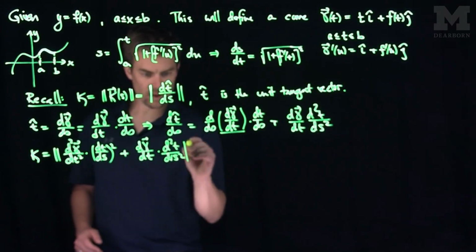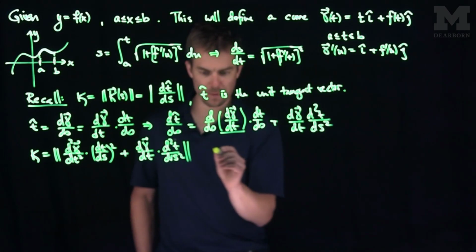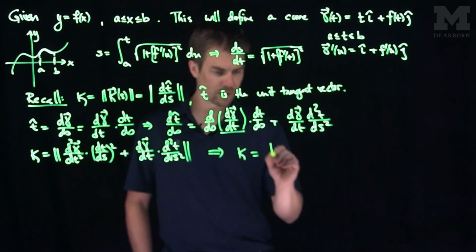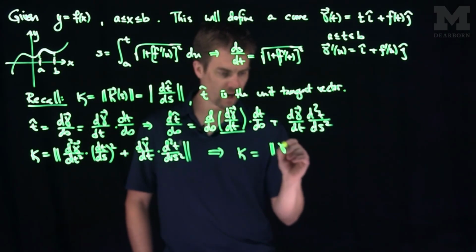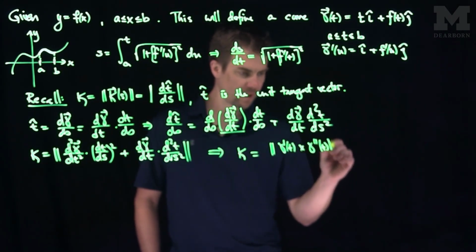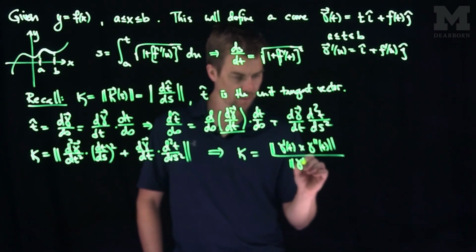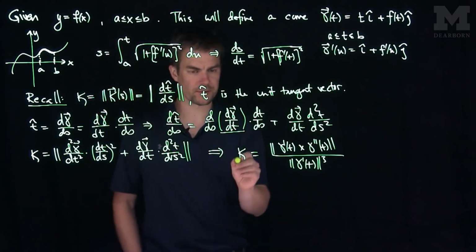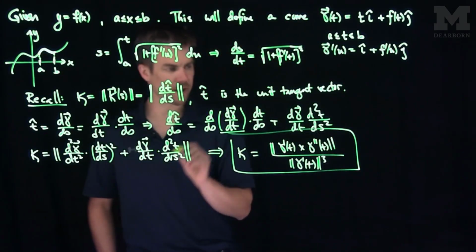So that will give us a curvature, and it turns out that this will simplify. This simplifies to curvature is equal to the length of gamma prime of t cross gamma double prime of t over the length of gamma prime of t quantity cubed. If you run through this calculation, you'll get this expression for curvature in general parameters.